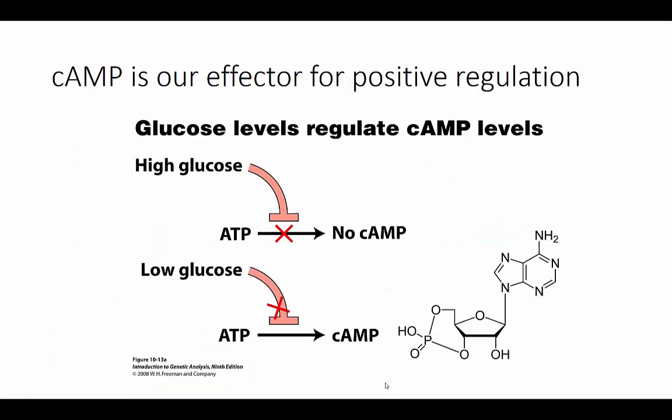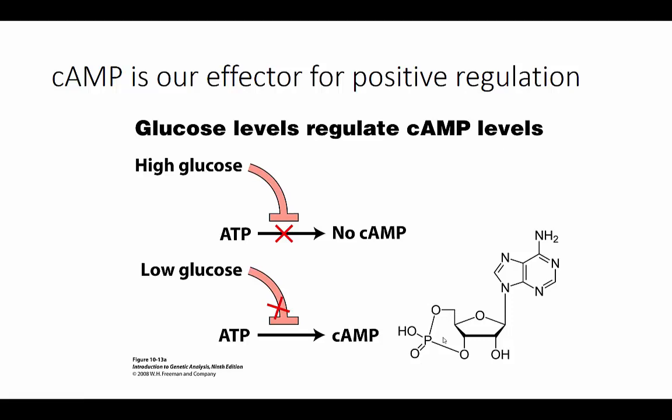So the cell needs a way to sense the glucose levels in its environment. And in order to do that, there is a factor called cAMP. So cyclic AMP, the structure is shown over here on the right, looks very much like a nucleotide if you notice. However, that phosphate is actually made into a little ring here. That's why it's called cyclic AMP.